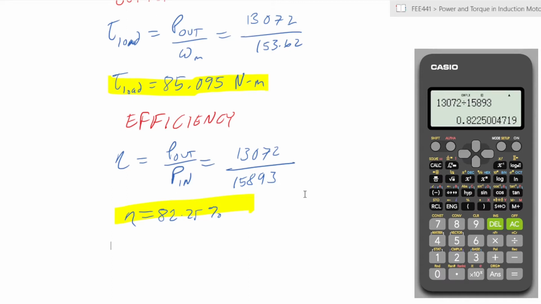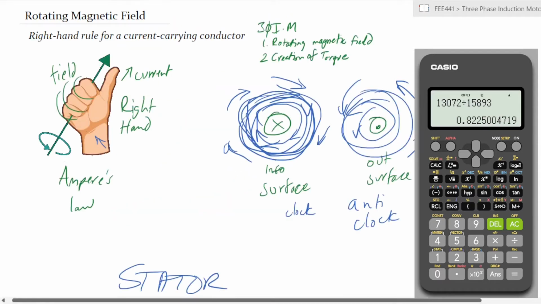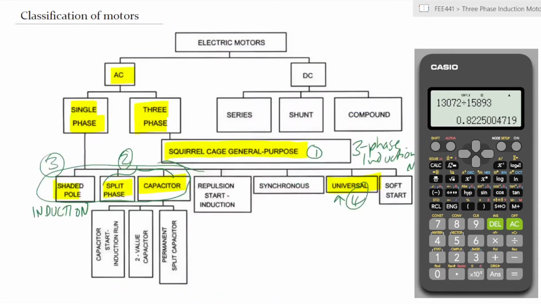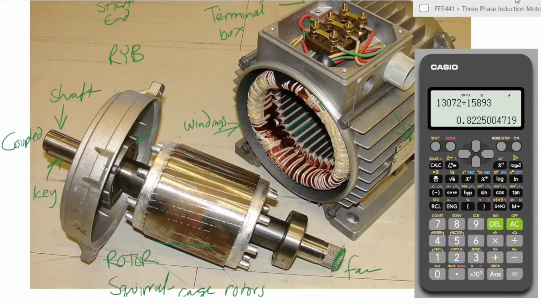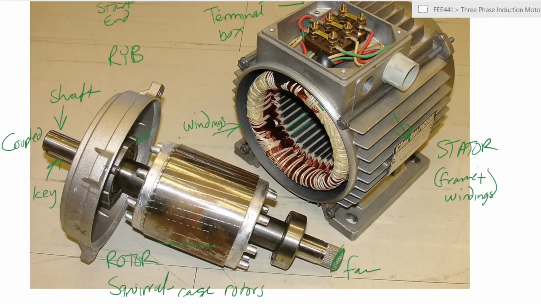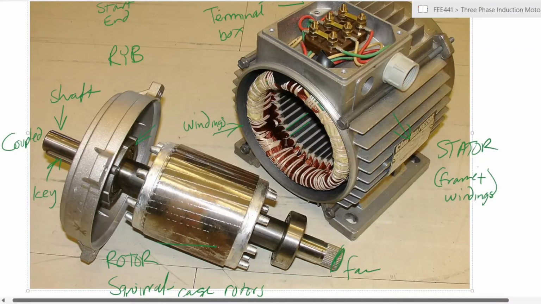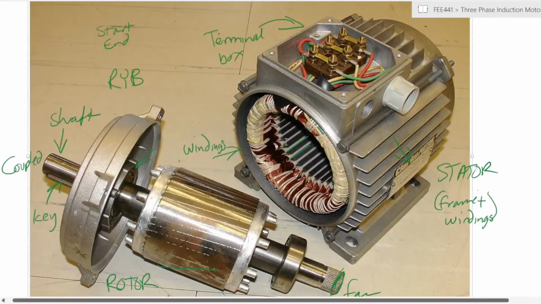But for a motor with very simple construction, as you remember from that photo, with very few moving parts within your three-phase induction motor, to get an 82% efficiency is fairly good.